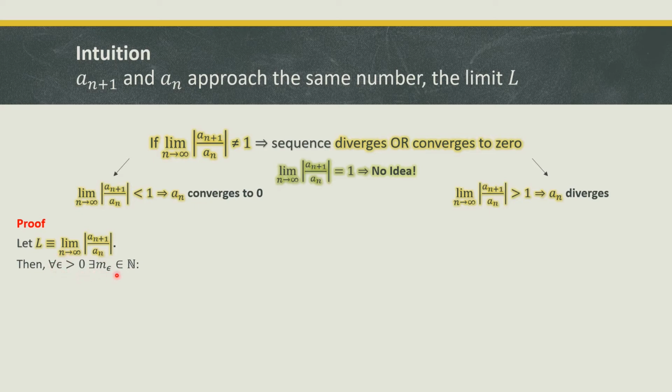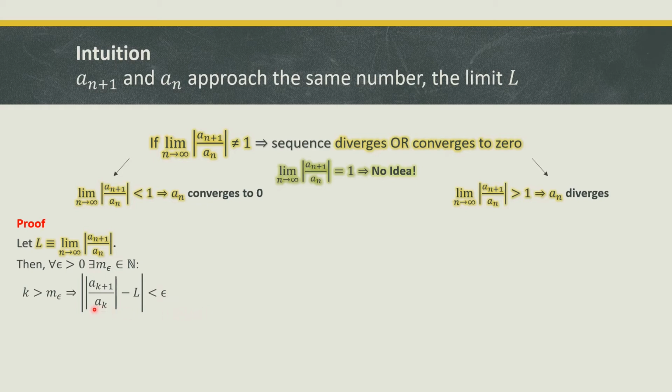This number exists such that for any natural number k that is greater than that m sub epsilon, this statement holds. This bit here is what we have inside the limit, and L is our limit. This distance between the limit and our ratio can always be made less than epsilon. So that's the precise definition of the limit.